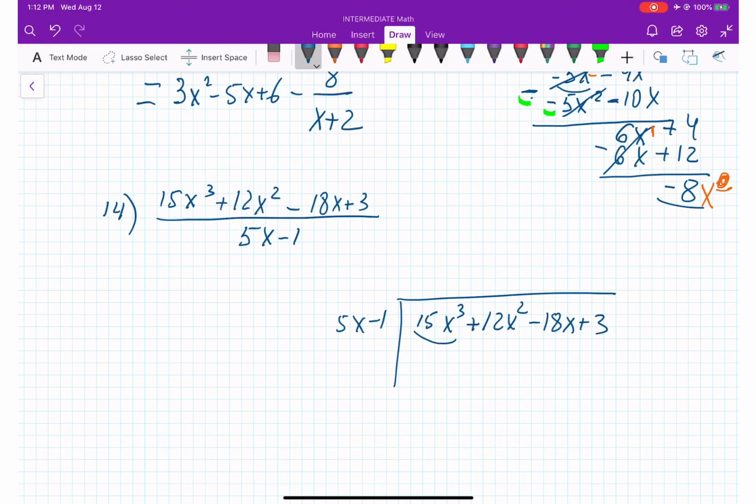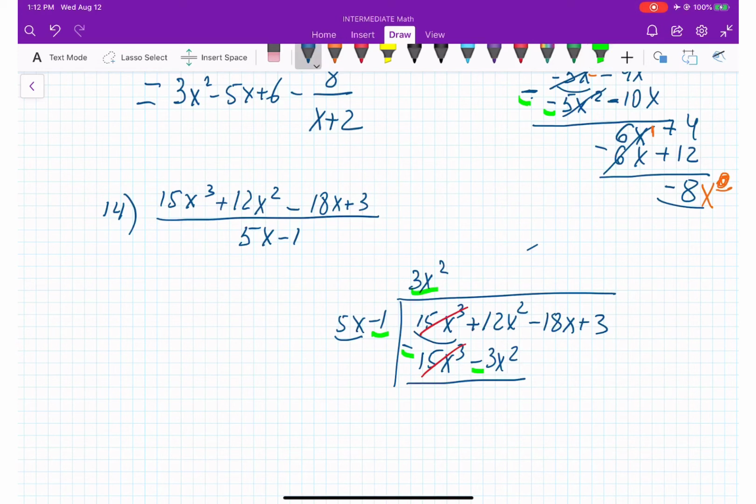So 15x cubed dividing by 5x is going to be 3x squared. So 3x squared times 5x is going to be 15x cubed. And 3x squared times negative 1 is going to be negative 3x squared. So when we subtract, these cancel each other. And 12x squared minus negative 3x squared is going to be positive 3x squared.